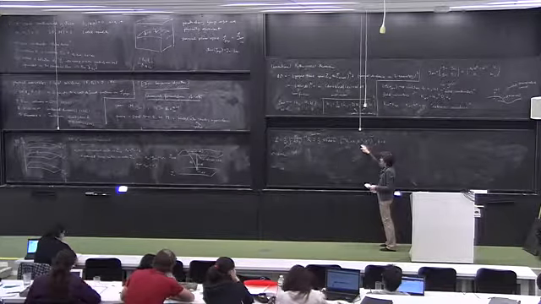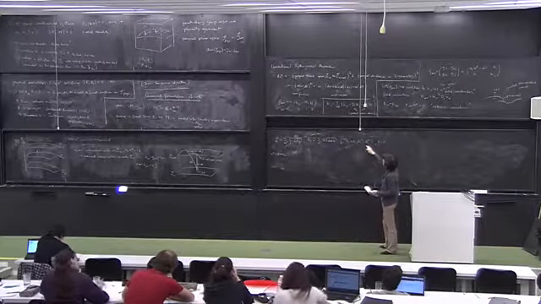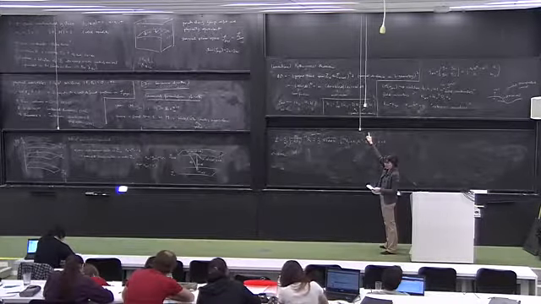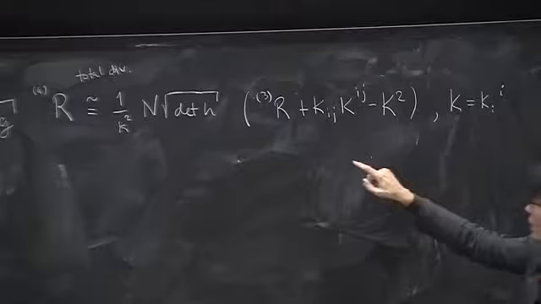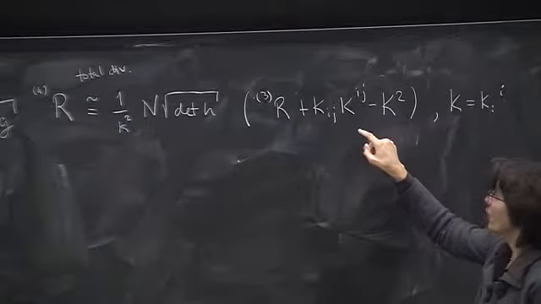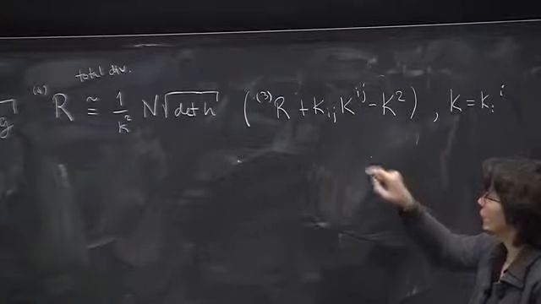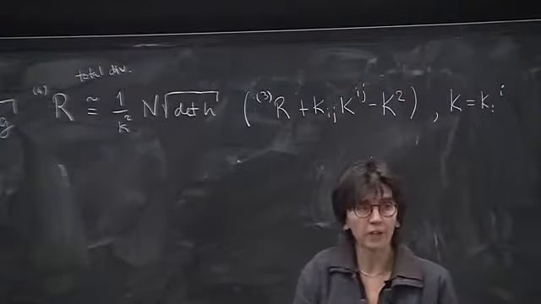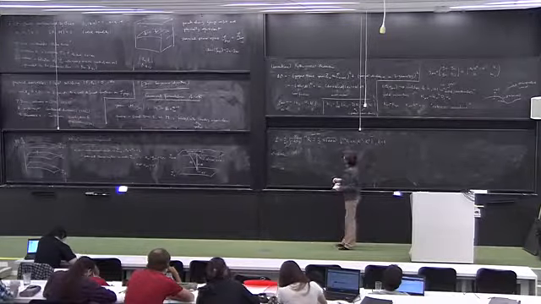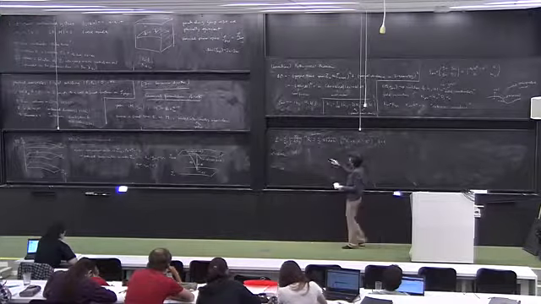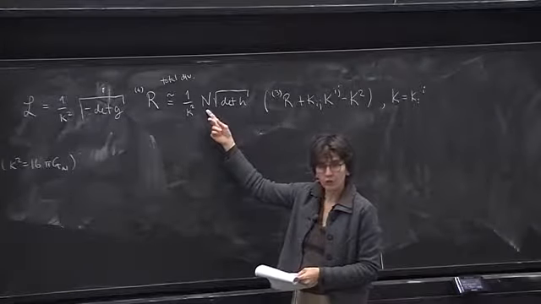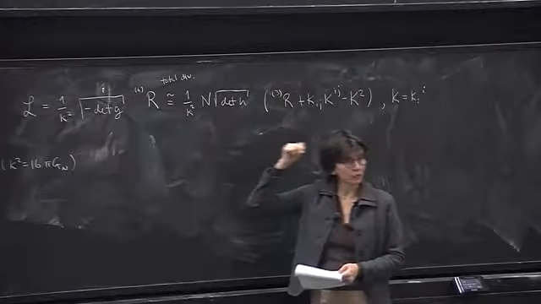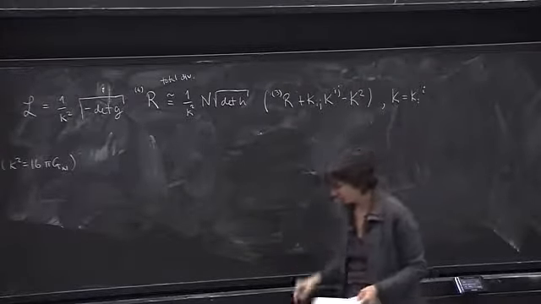Now, the first thing to notice, keeping in mind the definition I've given you for Kij in terms of time derivatives, is that the only time derivatives that appear are the time derivatives of little hij. So neither this lapse function nor the shift function appears with time derivatives in this expression.